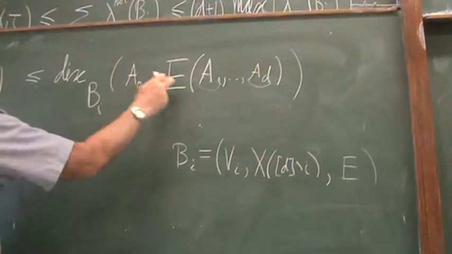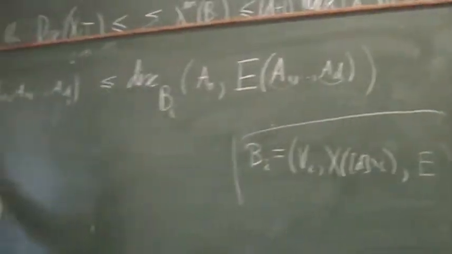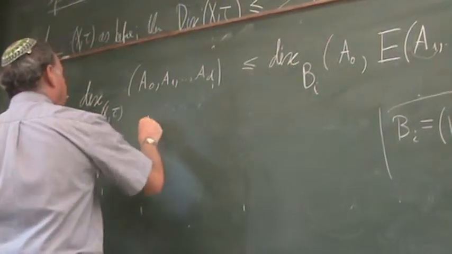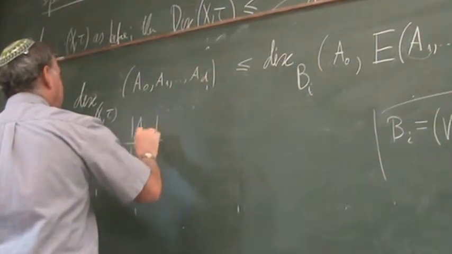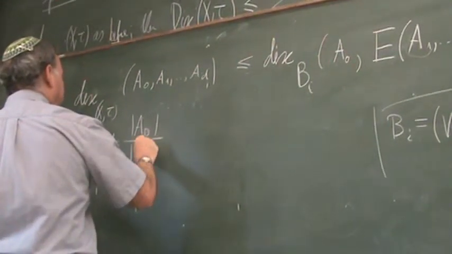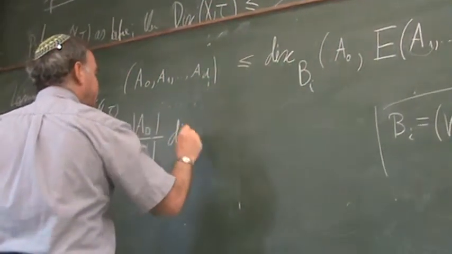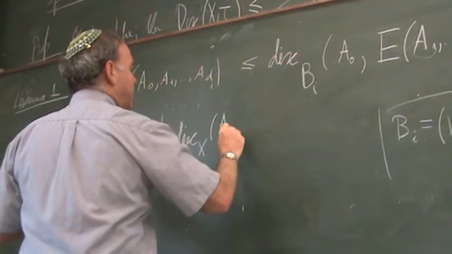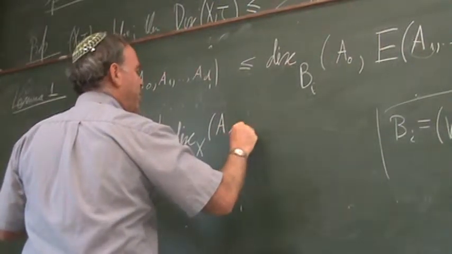And I ask what the discrepancy in the bipartite graph, but this is not the end, plus A0 divided by V0 times the discrepancy in X of the set A1 up to AD.